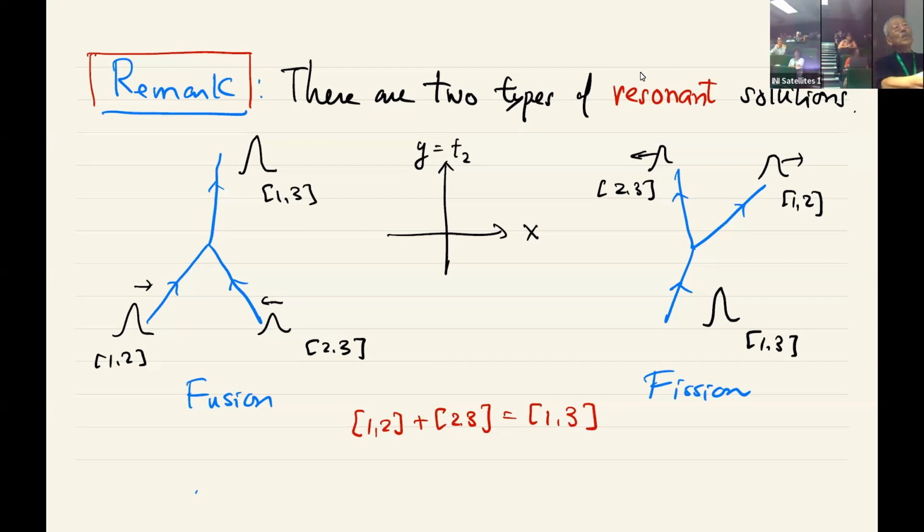And the opposite, this is a fusion. This is another, fission, also appears. It's a time symmetry, so you can always assume if you have one, you have the other. But in algebraic terms, it's a different Grassmannian. And you will also see that.